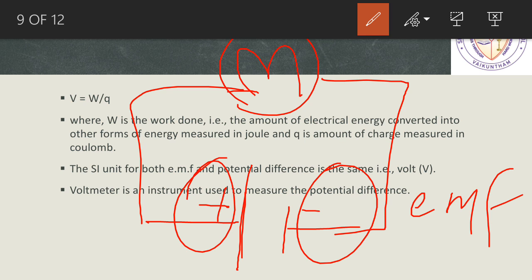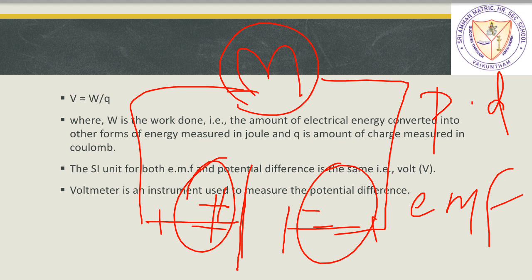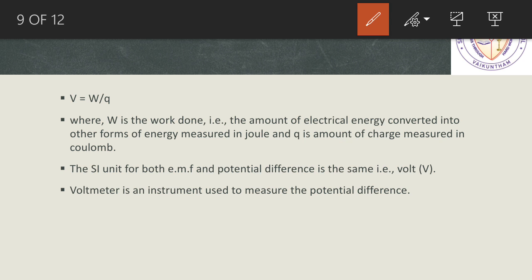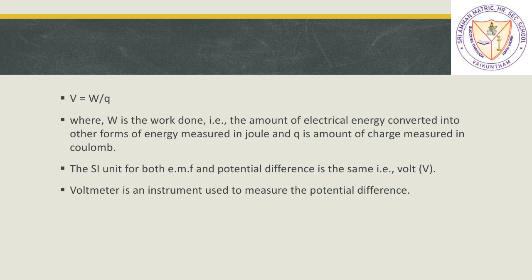Now the bulb is glowing. Still there is a difference at these two: this is a positive potential terminal, this is a negative potential terminal. This potential difference created here is called PD, the potential difference. When you are not drawing any current, it is called EMF. When you are drawing current from that cell, battery or any electrical energy source, you call it potential difference.